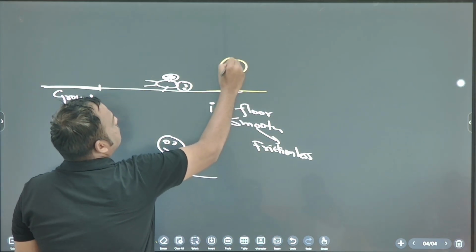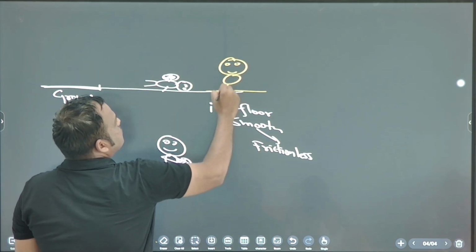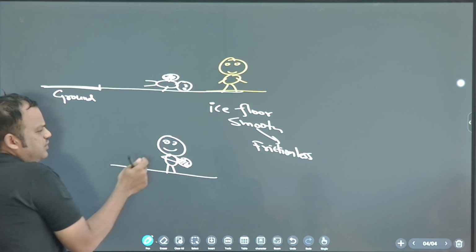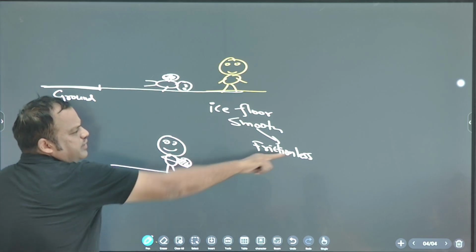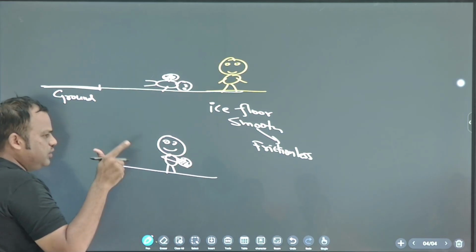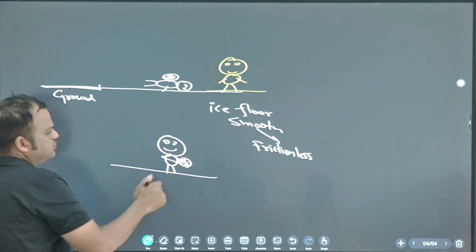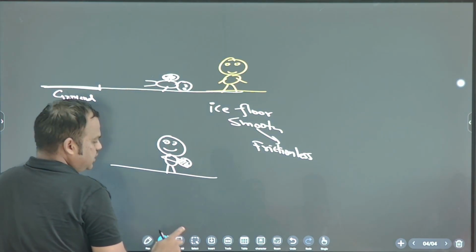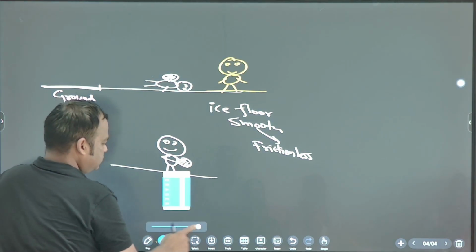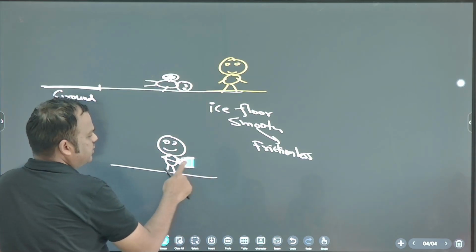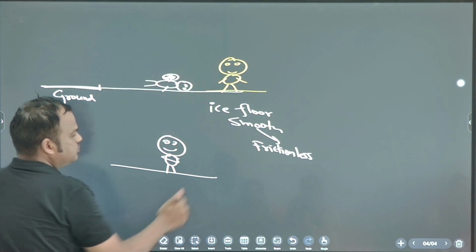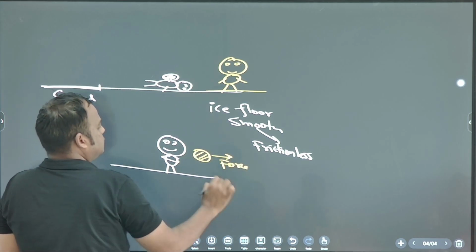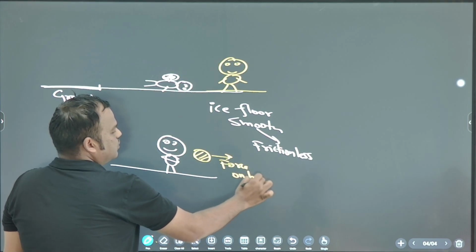Okay, think like forces. You hold the ball and throw it that way. So you are exerting force on the ball where? Right side. Force on the ball. This is action.